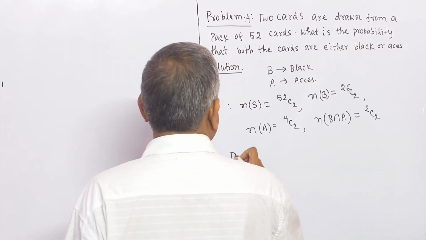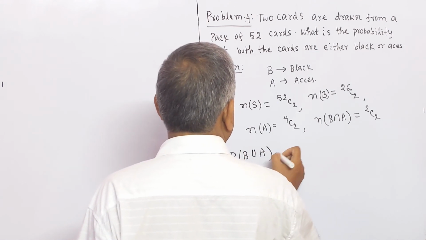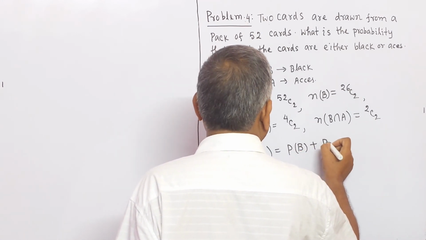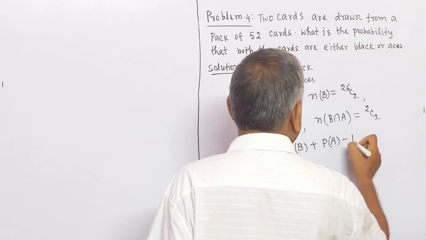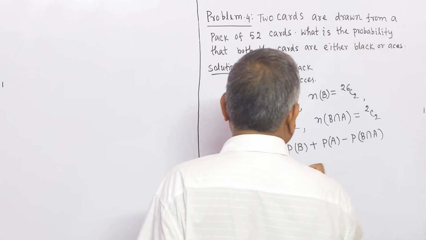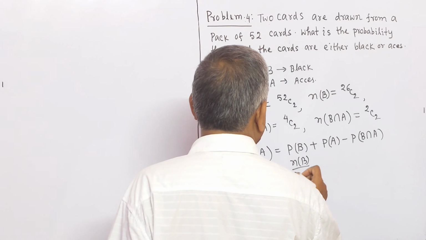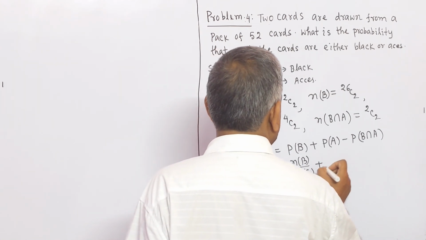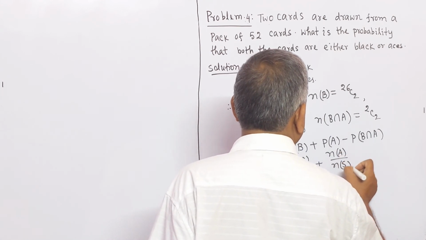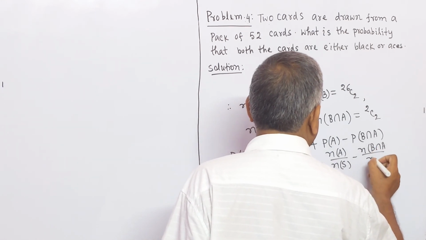Now P of B union A is equal to PB plus PA minus P of B intersect A. This PB is NB by NS plus NA by NS minus N of B intersect A by NS.